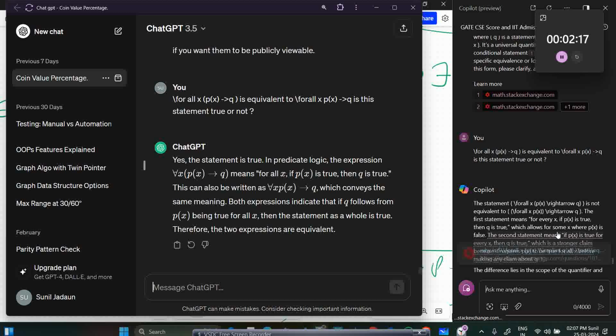This allows for some x where P(x) is false.